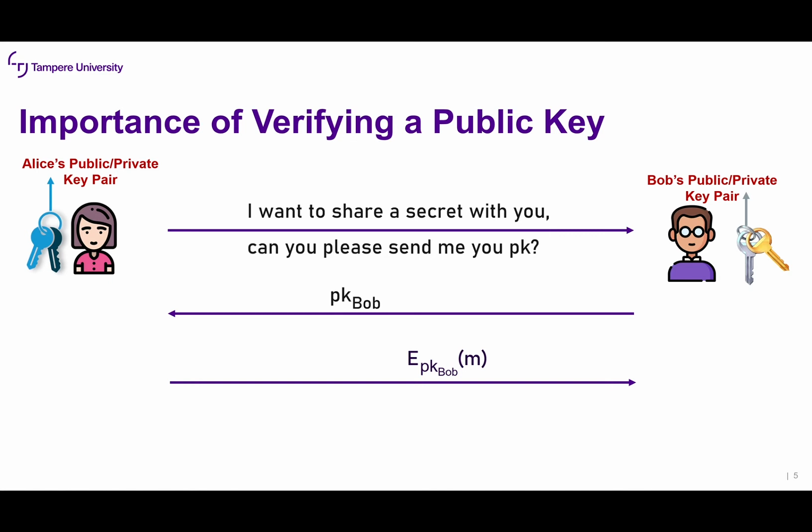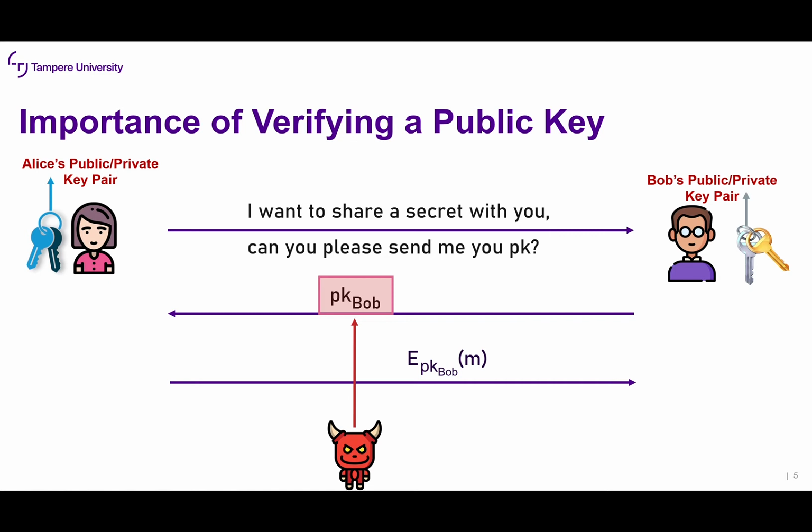So let's assume now that we also have our malicious adversary in the middle, Eve, who is overhearing the communication between Alice and Bob. First of all, she can see Bob's public key, but that's not really a problem, right? Bob's public key is public information, so it's not a problem that Eve has access to that.